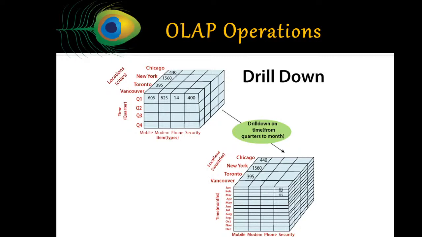Like you add 150, then it becomes 400. So basically, it is the reverse of the roll up operation. You are actually trying to zoom into the data in the database and find detailed knowledge of what exactly that value is.